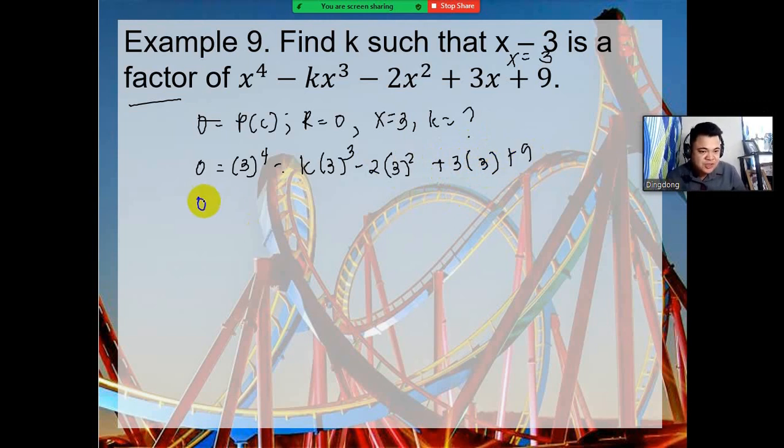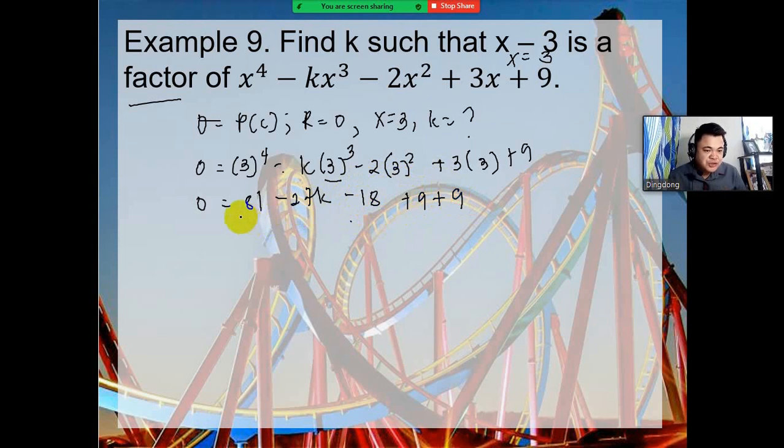So bring down 0, 3 raised to the fourth is 81, then 3 cubed is 27 times negative k is negative 27k. Then 3 squared is 9 times negative 2 is negative 18. Then 3 times 3 is 9, bring down 9.